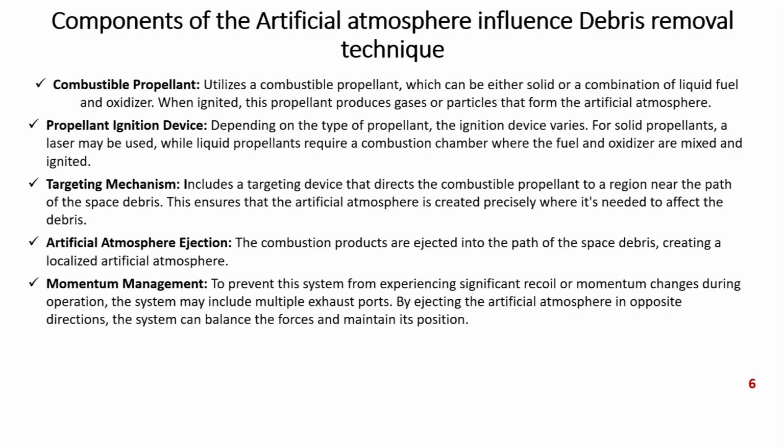The system includes multiple exhaust ports, and by ejecting the artificial atmosphere in opposite directions also, the system can balance the forces to maintain its position. I will show you this technique again when I discuss another type, where you need to do a balancing action. So, that firing should also be done in the opposite direction.